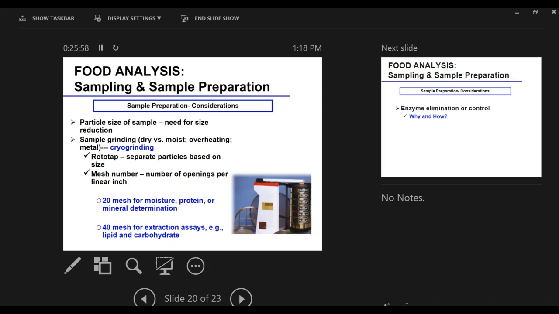You put your sample in your grinder and you grind it. But if you have high moisture, sticky, high fat, it's not going to work well, because you lose moisture, or moisture will prevent it from being homogeneously ground. And if you have fat, some of the fat will stick on the sides. So you cannot do regular grinding.